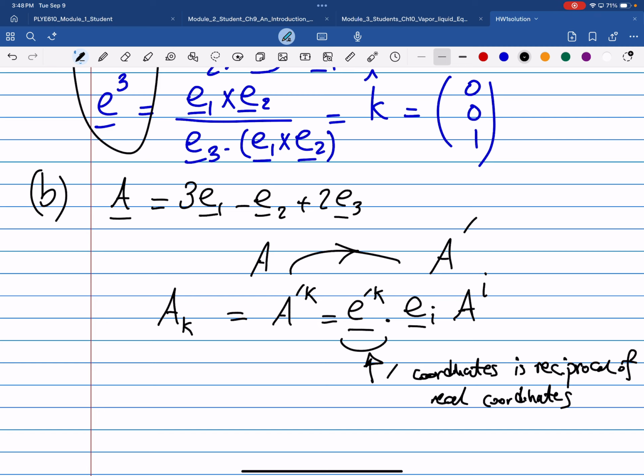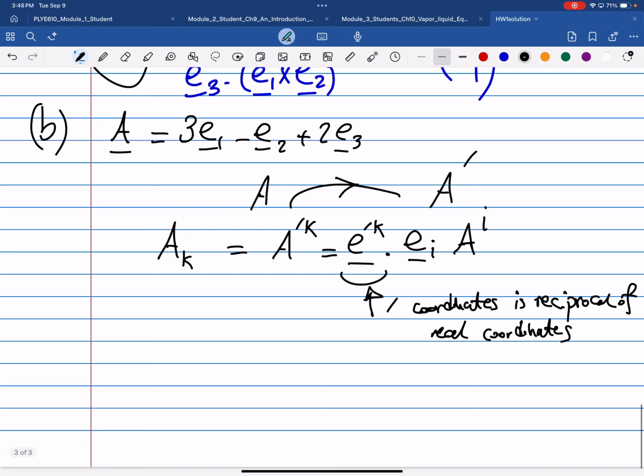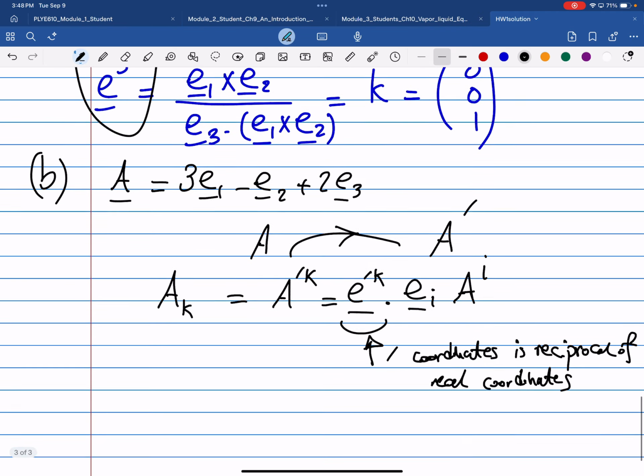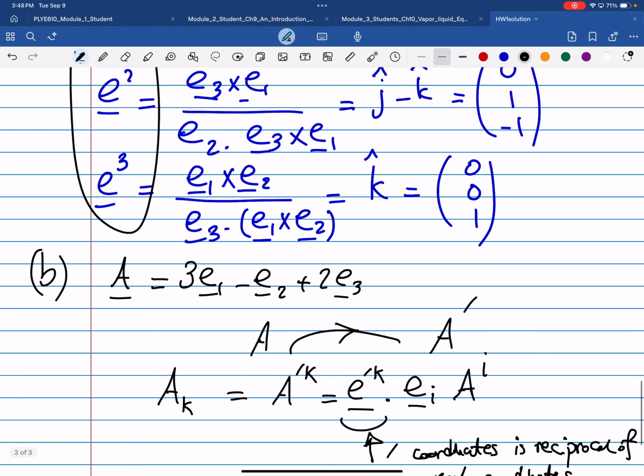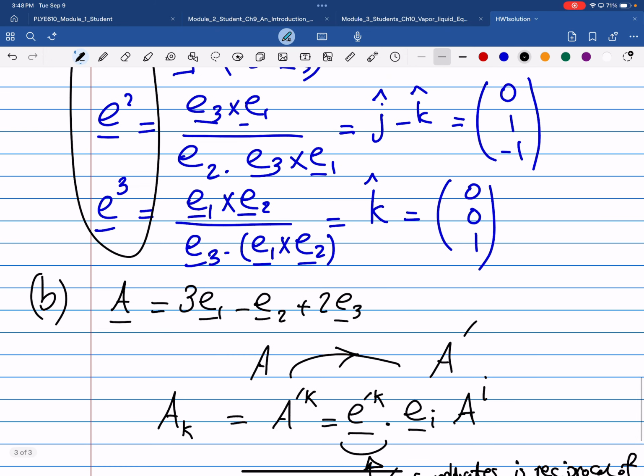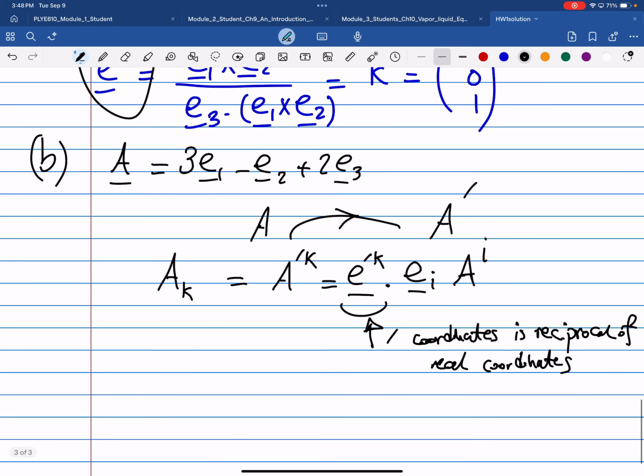Okay? And what else can we say? What are the E prime K now? Reciprocal of those things. So what are those reciprocals? E1, E2, E3, right? It is interesting.